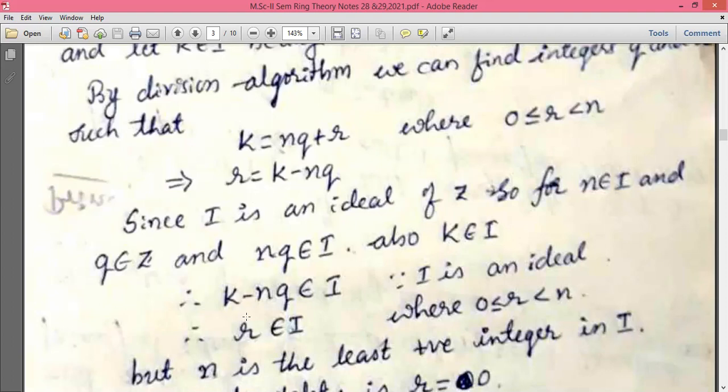So this remainder also belongs to I, where r runs from 0 to n.